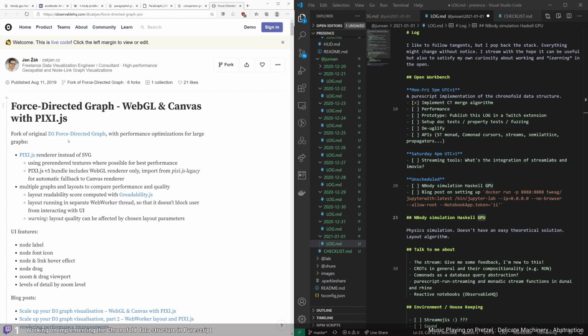It's a really interesting take on declarative graph, or declarative data visualization. And so, in fact, D3 means data-driven documents, I believe.